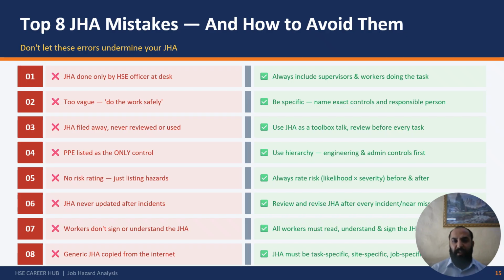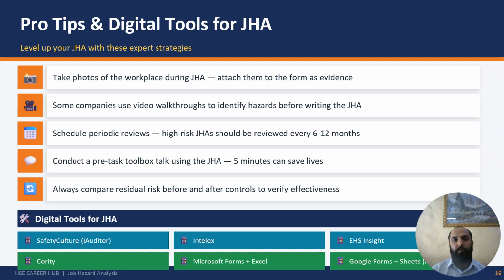Avoid these eight mistakes, and your JHA will genuinely be exceptional. It can save you from incidents, it can save your company's reputation, and it can prevent someone from getting hurt, so that everyone goes home safely.